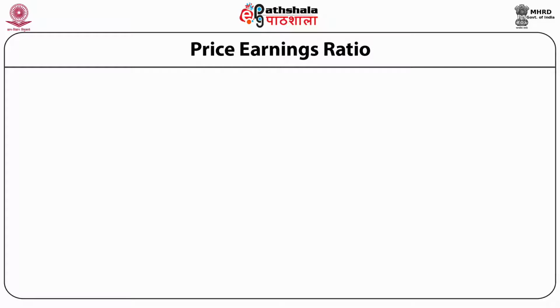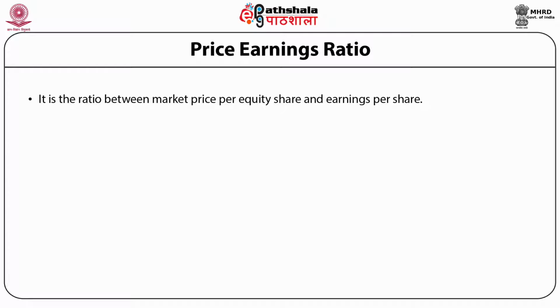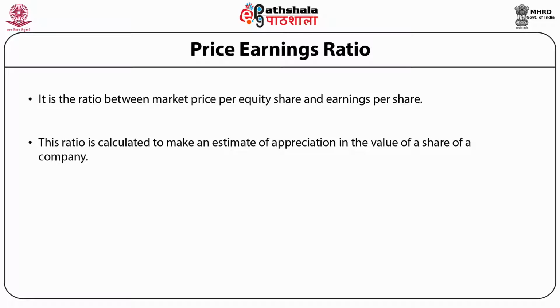Next ratio is price earning ratio. It is the ratio between market price per equity share and earning per share. This ratio is calculated to make an estimate of appreciation in the value of share of a company.